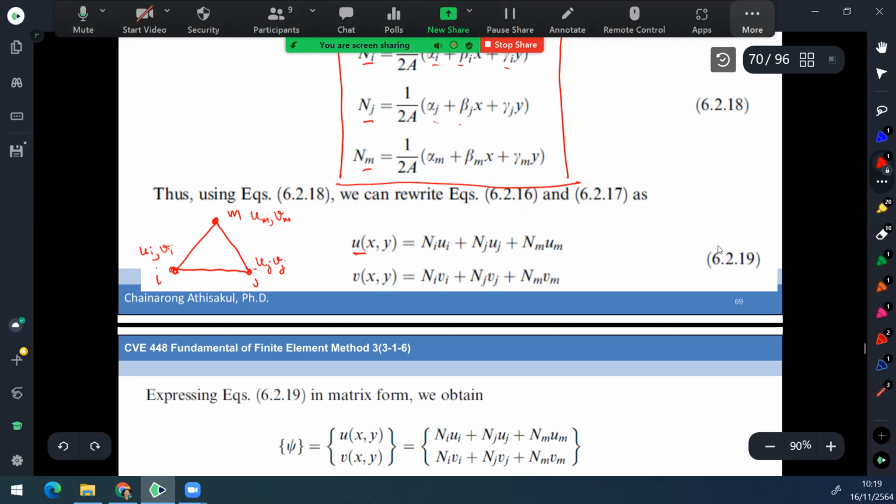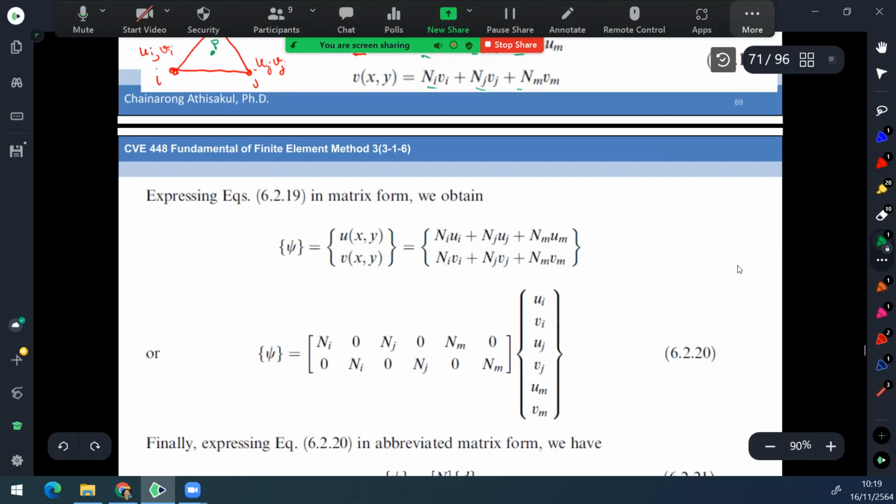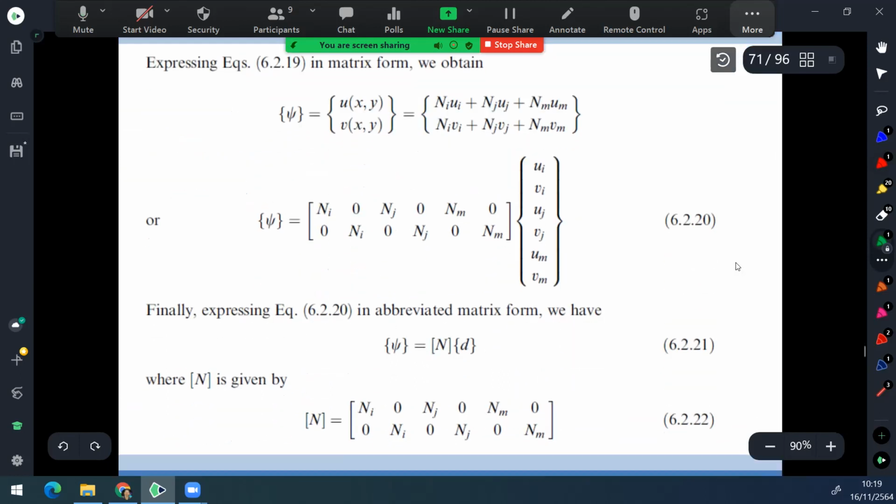But if we would like to find the displacement inside of the element, how can we do it? We use the shape function. We apply the shape function to determine the displacement inside of the element at point P.